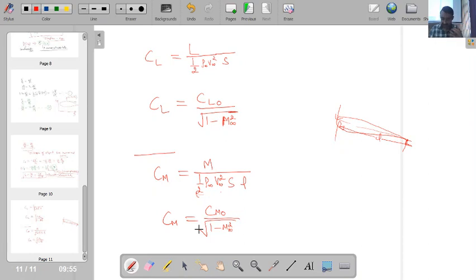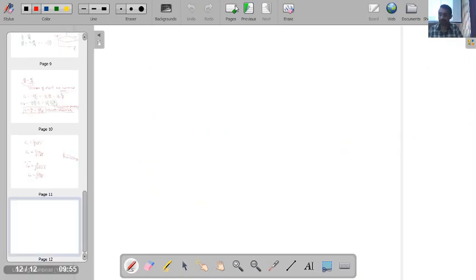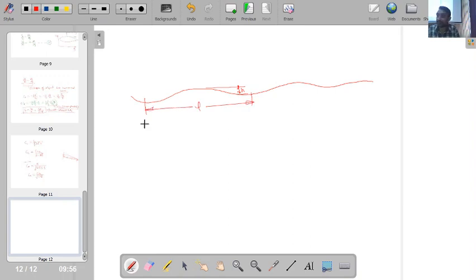Now let's try to see the application of this type of theory for some practical situation. So what I will do, I will consider, say, a wavy profile, something like this, and say the amplitude of the wave is h, and say the length of the wave is L. Another important assumption is that h by L is very small.